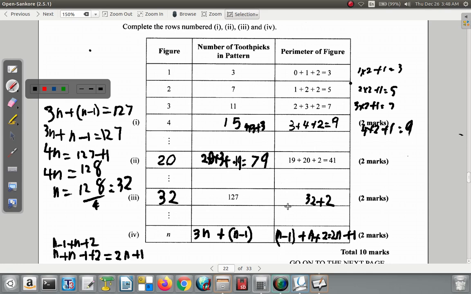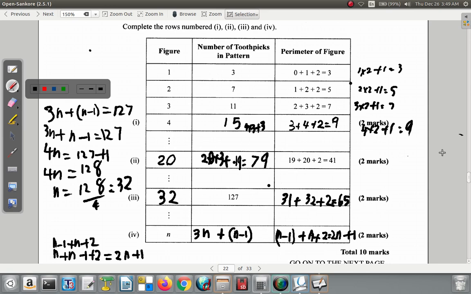So it would be 32 minus 1, and that would be 31. So 31 plus 32, that would be 63 plus 2. So we have 65 here. So that seems to fill out everything. Alright, fair enough. Everything would be filled out.